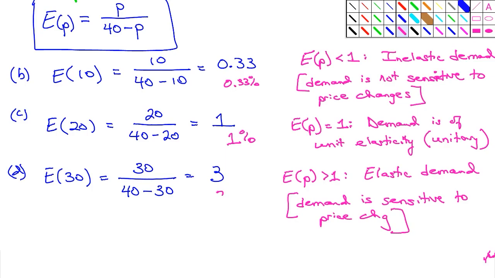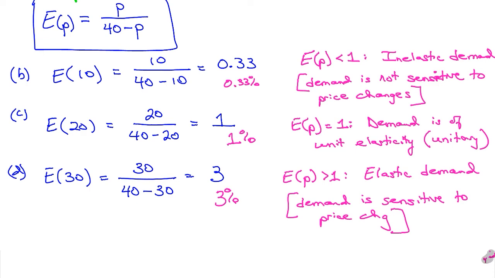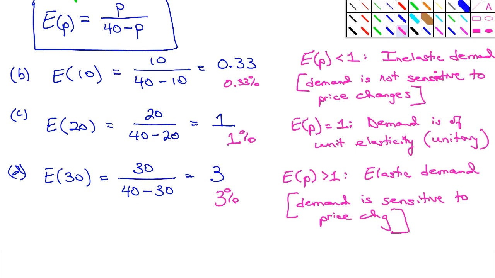In this case, we had a 1% increase in price that resulted in a 3% decrease in demand. So that is dramatic based on the percentages there. It's 3 times as much. And those are the 3 scenarios. That covers all 3 parts here.